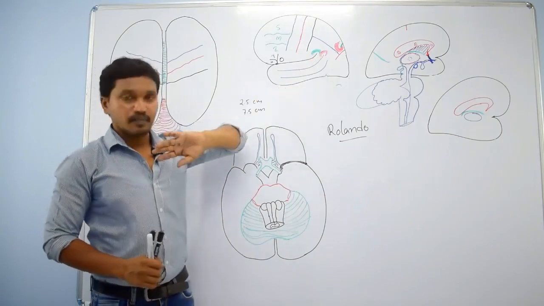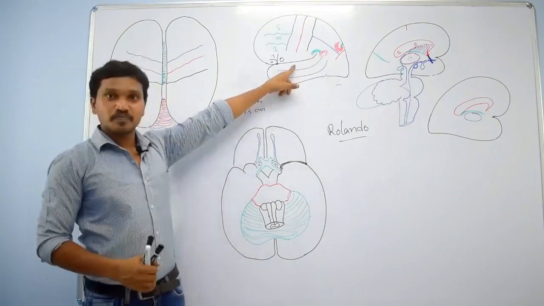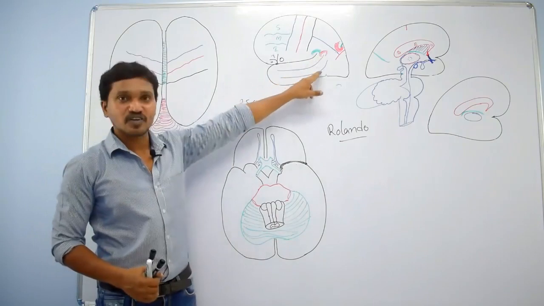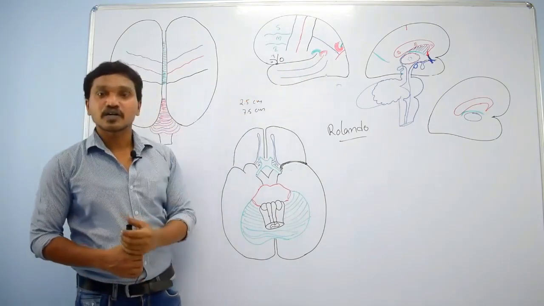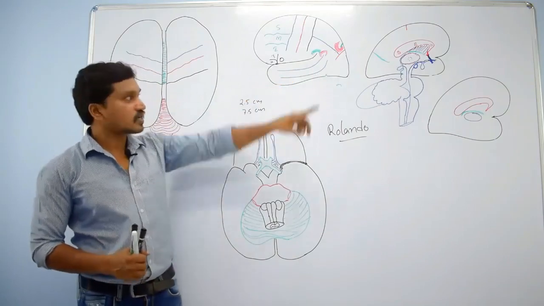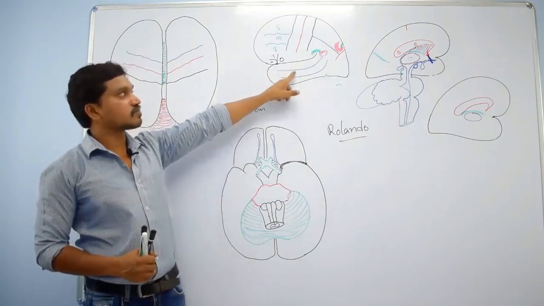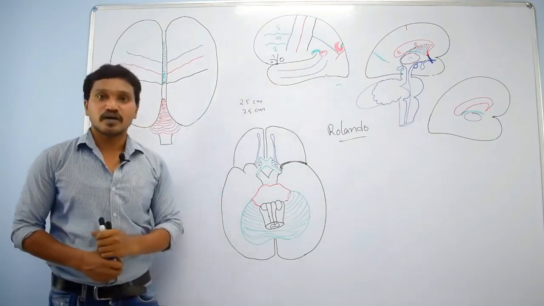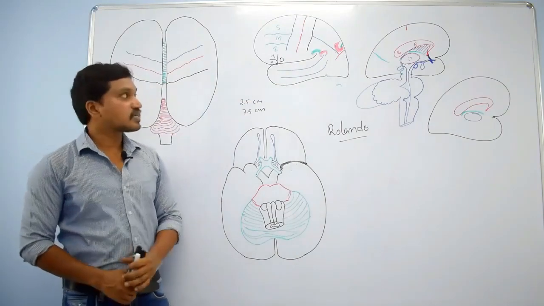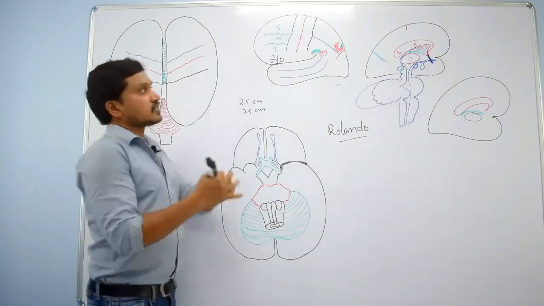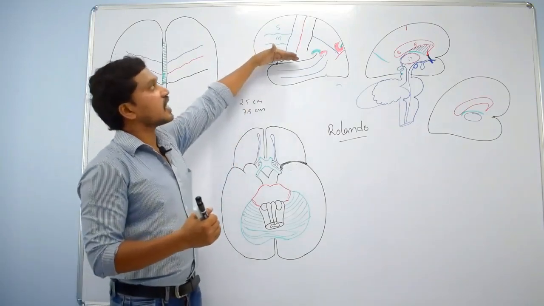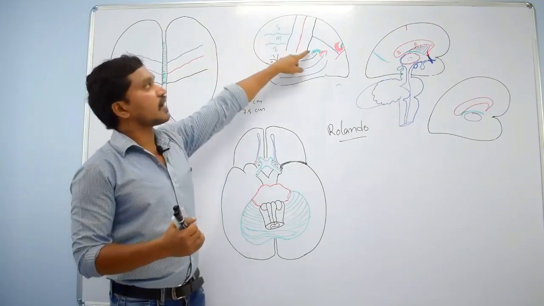Parietal lobe completed. And the temporal lobe, it's very simple. We have already drawn the superior and inferior temporal sulcus, so three gyri are formed: superior, middle and inferior temporal gyrus, right?